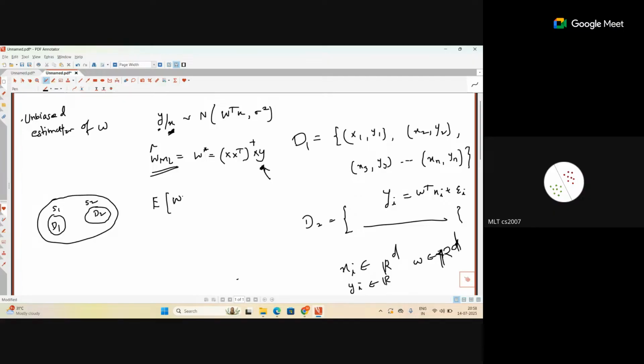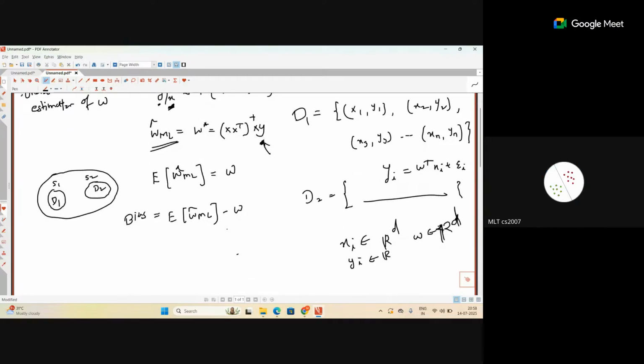We consider w hat ML as a random variable, and if I find its distribution, the expectation of w hat ML should be equal to the true w. That is the meaning of unbiasedness. In other words, bias is defined as the expectation of the random variable minus the actual value of the parameter.